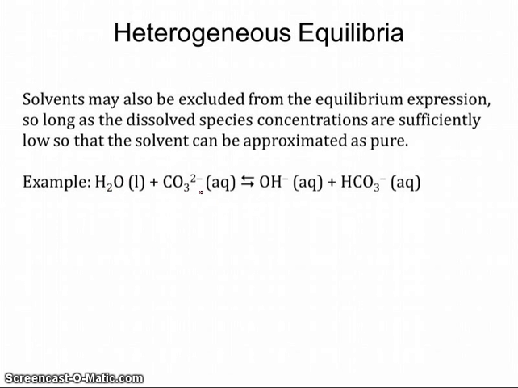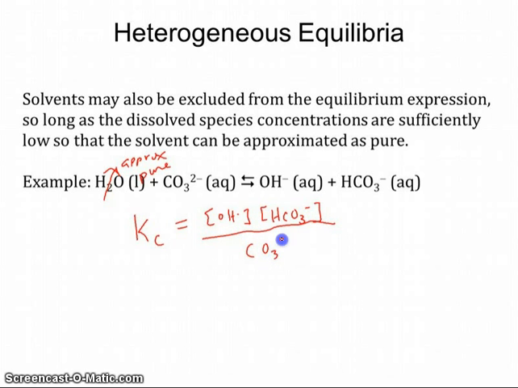Yes, I know it's got stuff in it, but we're going to assume it's approximately pure as long as the concentration of CO3 2- is small. If that's the case, then my concentration-based equilibrium constant, Kc, will be products, hydroxide times hydrogen carbonate, divided by reactants that are not pure, CO3 2-. So essentially we're going to remove the water.